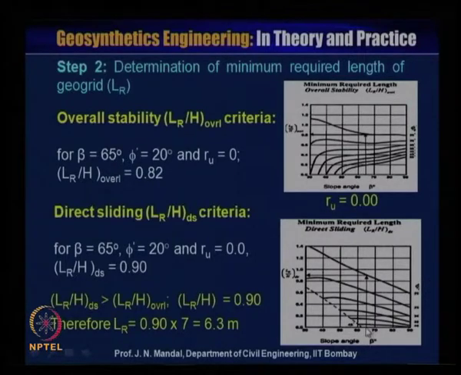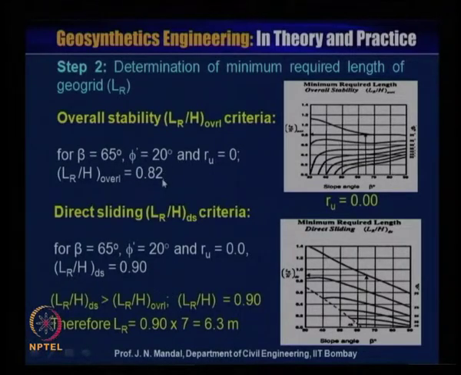So, you know the slope angle beta is 65 degree, you move up and check where phi dash is equal to 20 degree, then you move horizontally, and then you can calculate the LR by H for direct sliding, that means the minimum required length for direct sliding. So, LR by H direct sliding you can have 0.90.